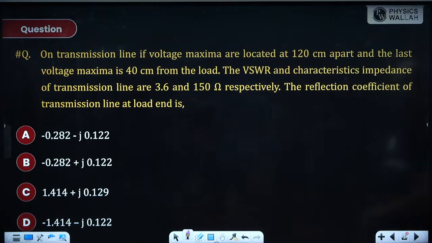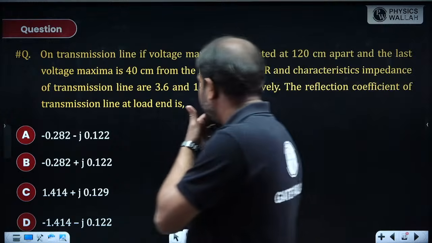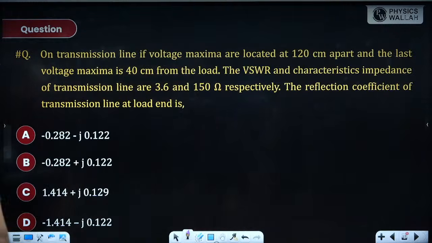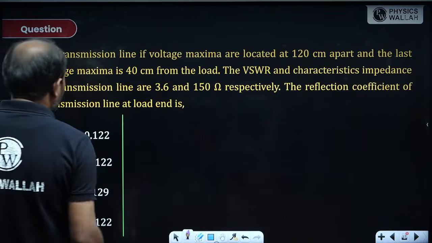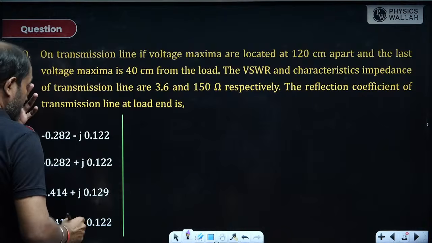Okay. On a transmission line, voltage maxima is given and last voltage maxima is 40. VSWR is 3.6, characteristic impedance of the transmission line is 150. Reflection coefficient they are asking. Simple question. First is lambda by 2.